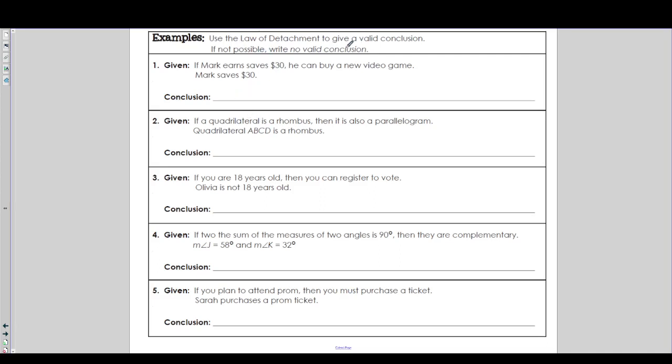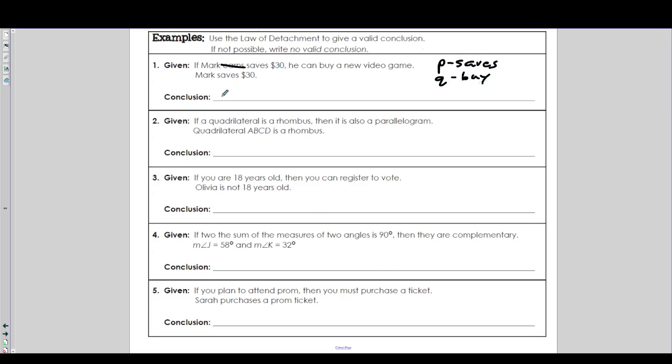So we're using law of detachment to write a valid conclusion if possible. And the way we do this with sentences is we turn things into symbols. So just like we saw with P and Q, we're going to say if Mark saves $30, then he can buy a new video game. So P represents saves the money, and Q represents buy the game.